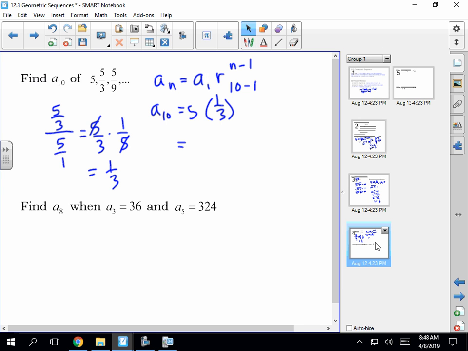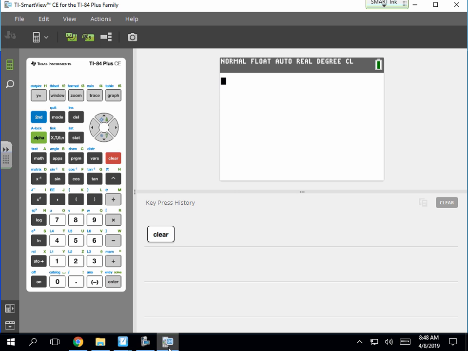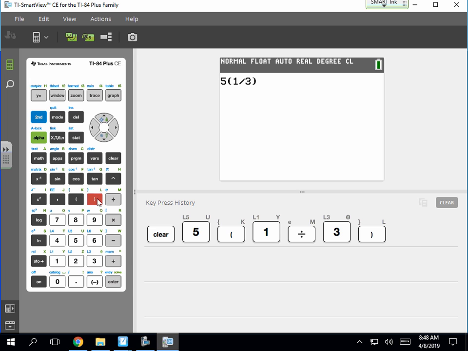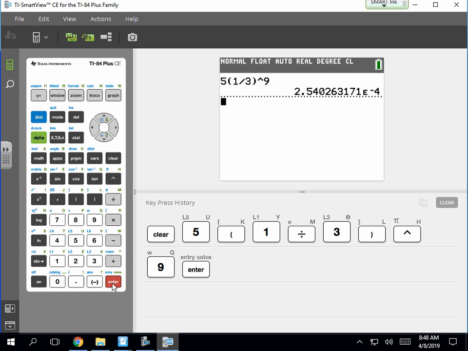It'd be 5 times 1/3 to the 9th. So 5 times 1 divided by 3, just using parentheses here, to the 9th power. This decimal value, that e-4 means times 10 to the -4. It's in scientific notation, so that would mean moving the decimal 1, 2, 3, 4 places over.